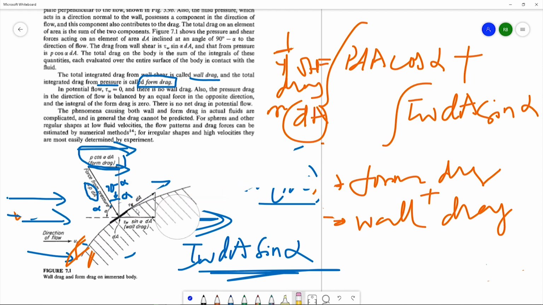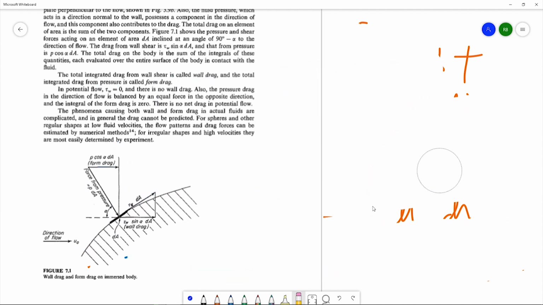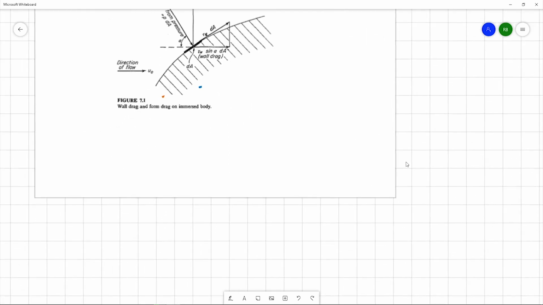So now you can remember, right? What are the two forms of drag? One is form drag and one is wall drag. Okay, and you have also calculated the formula.